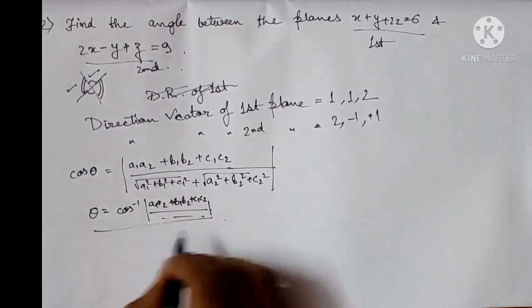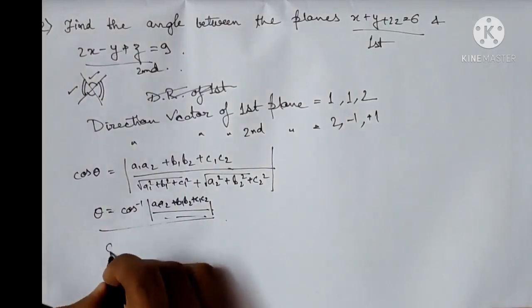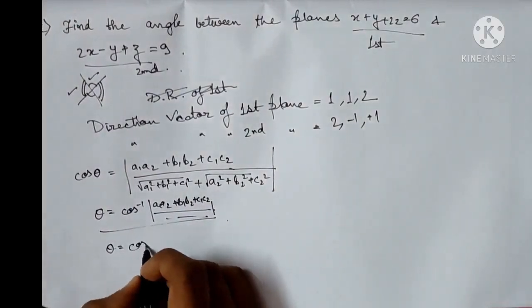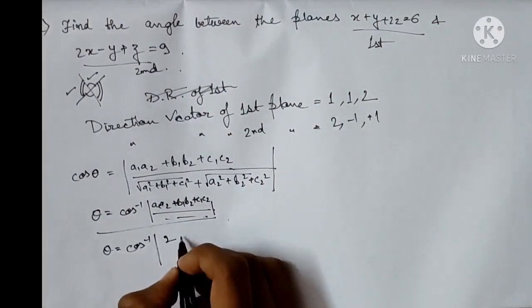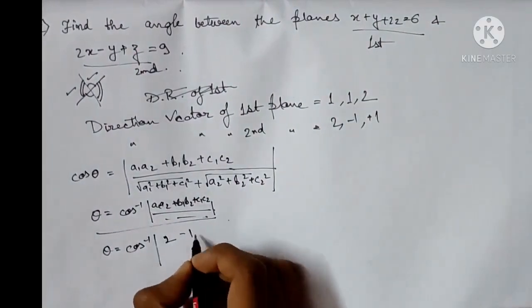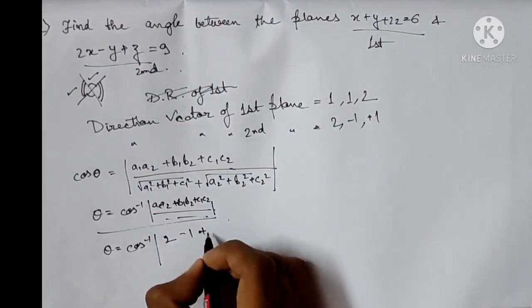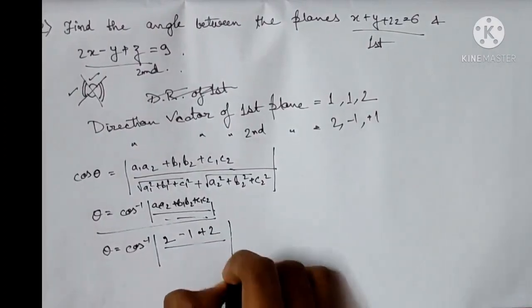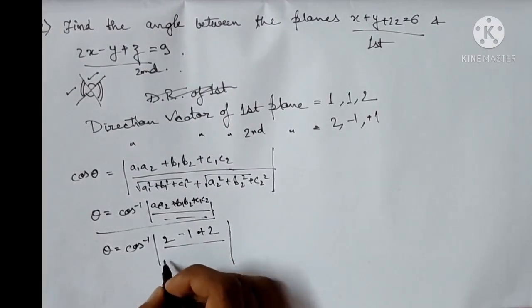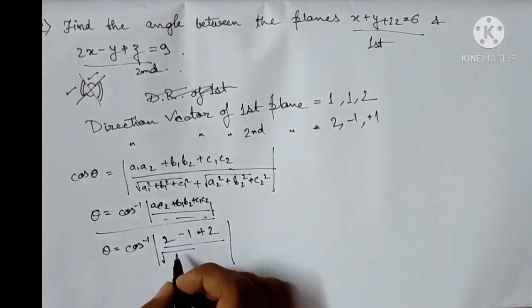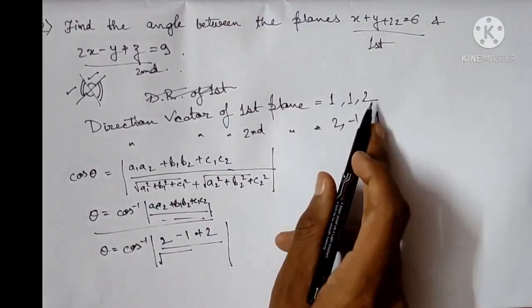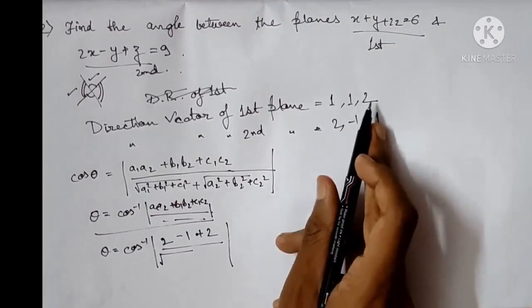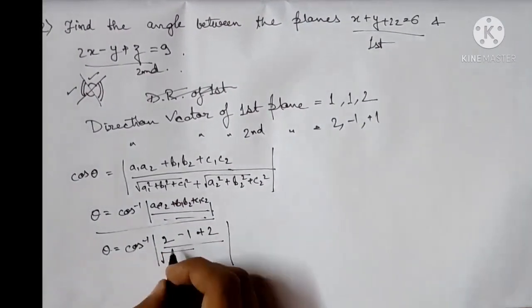Now we will directly put the values, that is theta is equal to cos inverse of 2 into 1, that is 2, 1 into minus 1, that is minus 1, and 2 into 1, that is 2. Now the denominator is under root 1 square plus 1 square plus 2 square, so 1 plus 1 plus 4, that is 6.